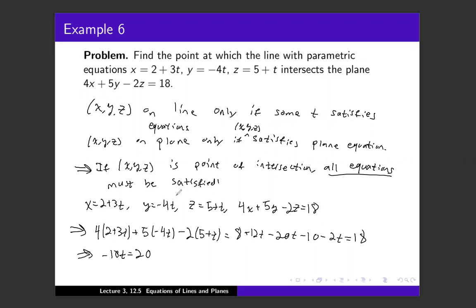Add 2 to both sides, you get 20. So in other words, t equals negative 2.